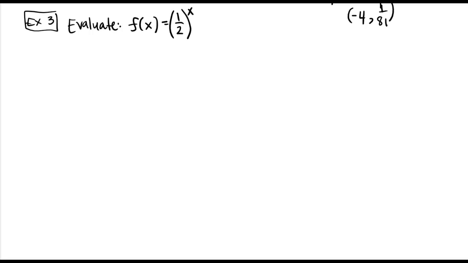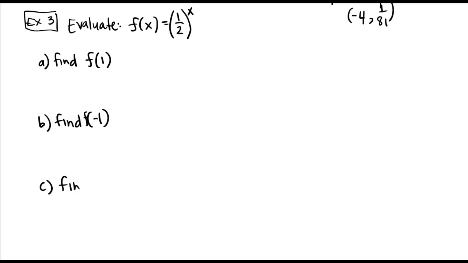Now we have this fraction raised to a power. Then I want you to try again. This is going to have 3 parts, so I want you to find f of 1, f of negative 1, and f of negative 2. Okay, so try those 3.